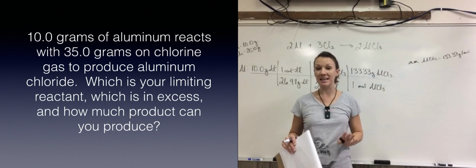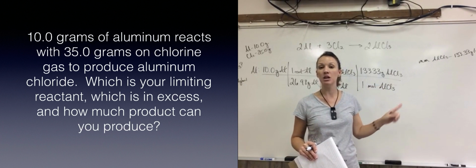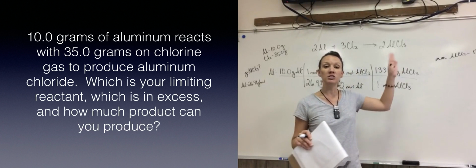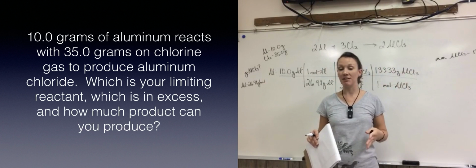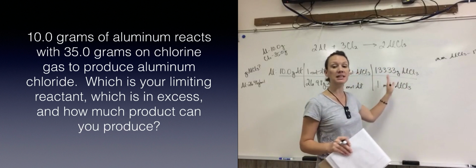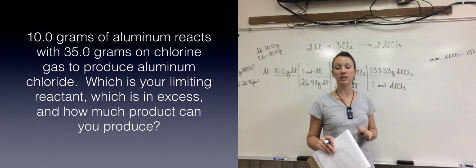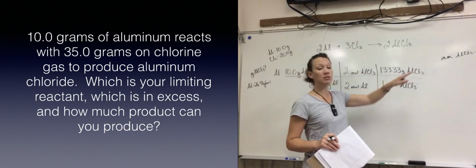Leave it as is. If you start rounding these numbers in the middle of your calculations, you're going to change your results, okay? So once you start doing this, let it be. Do your rounding at the very, very end, okay? So do not round any of these numbers once you figure out what your molar mass is going to be. That's very important. Okay, so now we've gone to grams of aluminum chloride.